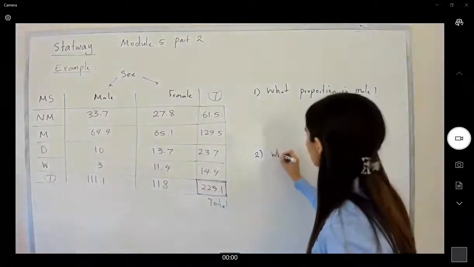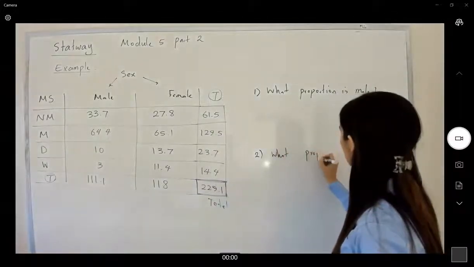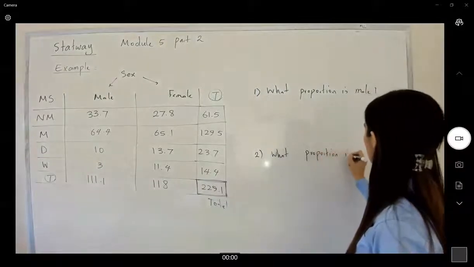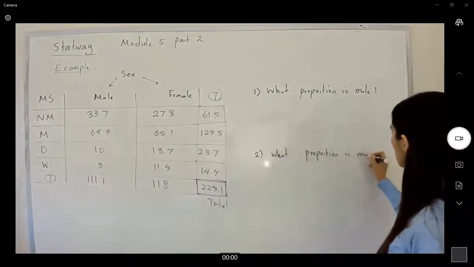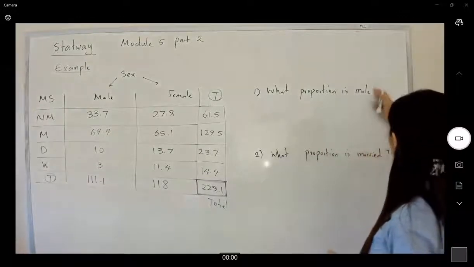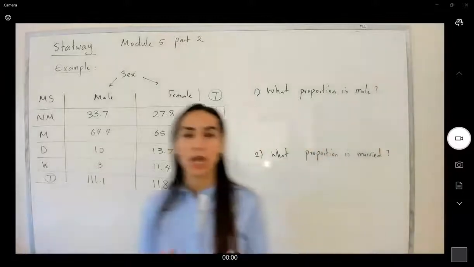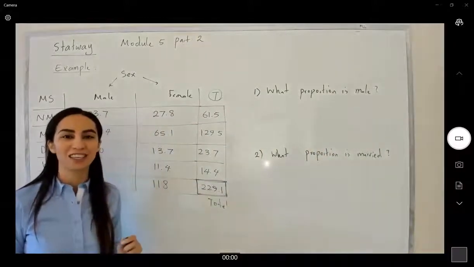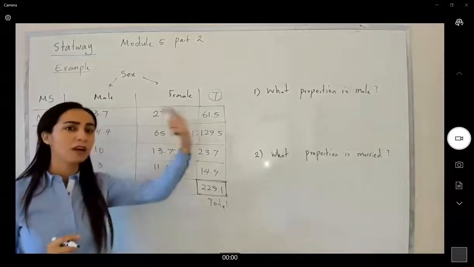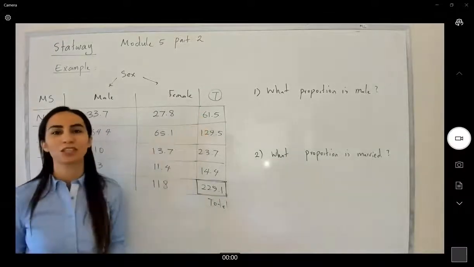What proportion is married? So to answer these two questions, when it comes to proportions, we have to construct a fraction. We have something on the numerator, we have something on the denominator.